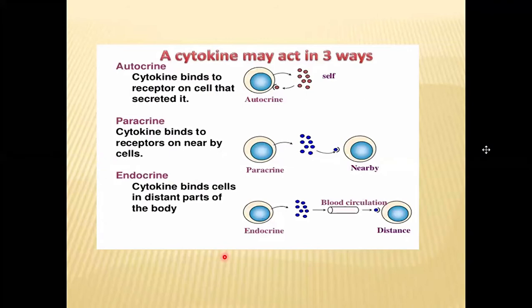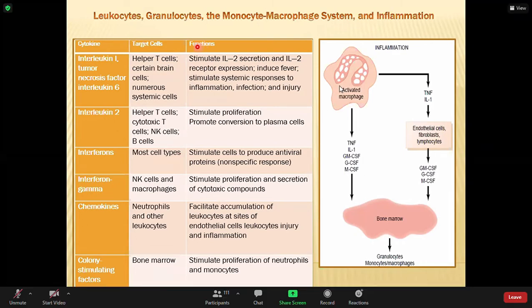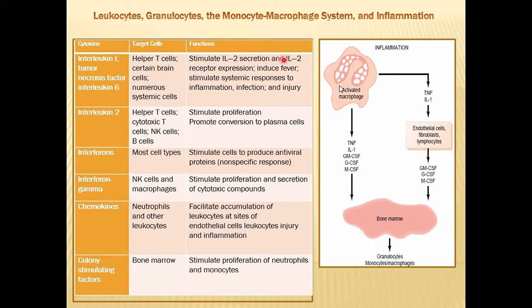You will get to read or hear about cytokines in COVID. There's such a thing as a cytokine storm, where there is excessive action of cytokines. Again, this graph shows the different cytokines, their target cells, and their functions. You may be a bit overwhelmed by this.